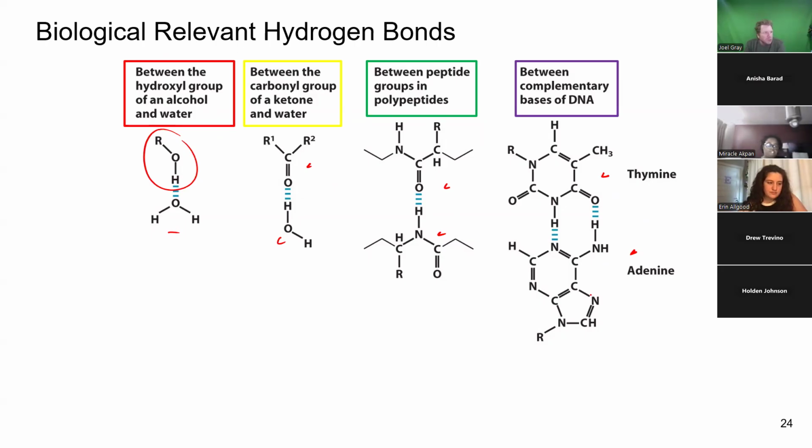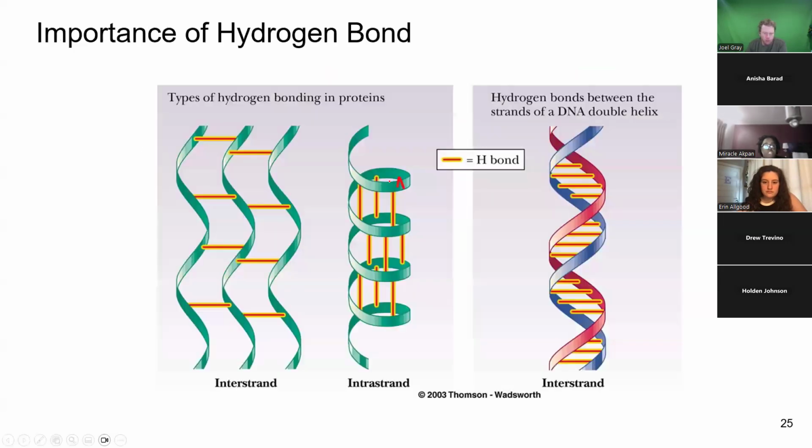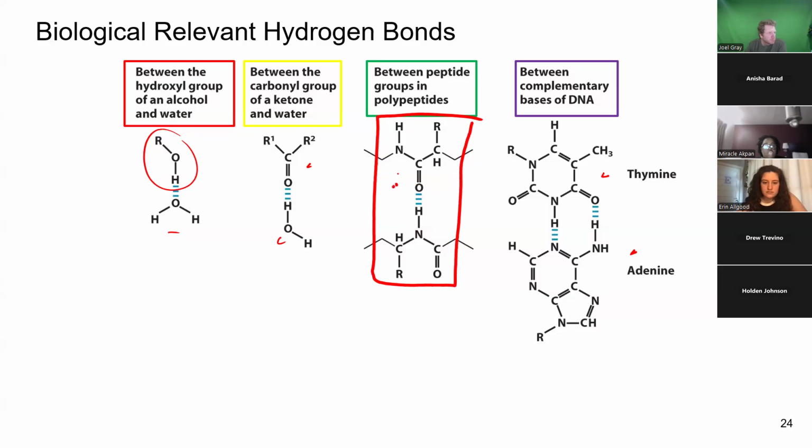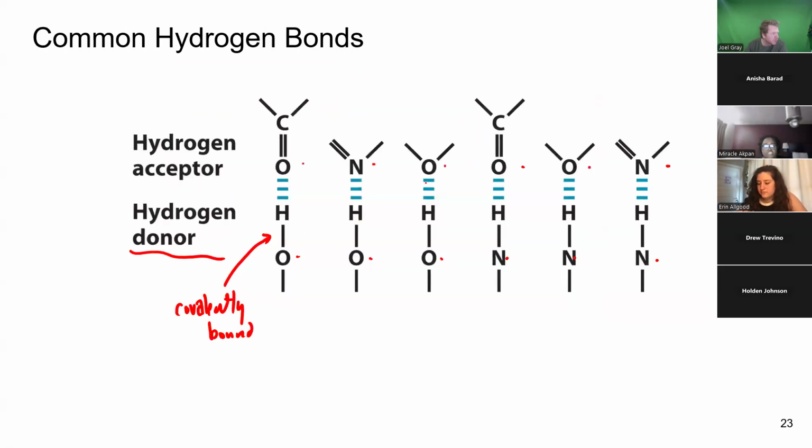Whenever I give you this sort of structure and I were to say, okay, A or B, which one is the donor? Which one is the acceptor? The hydrogen bond acceptor. Okay, so let's jump back.